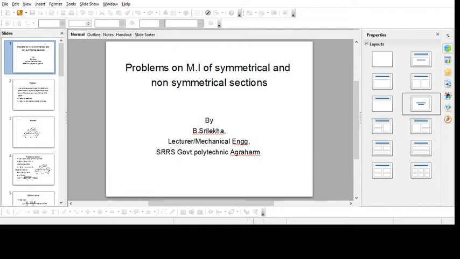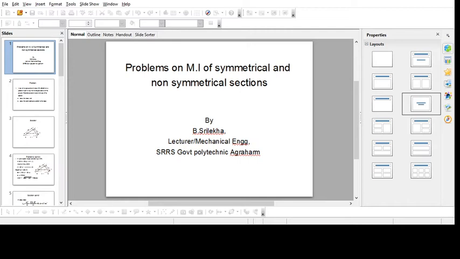Next is the third term. Ixx3 is equal to B3 D3 cube by 12 plus A3 H3 square. Again 90 into 10 cube by 12 plus 90 into 10 into 70.72 square.